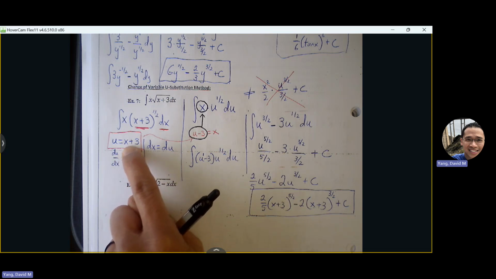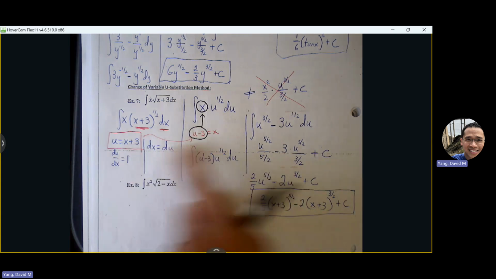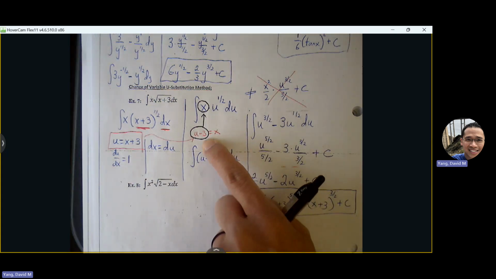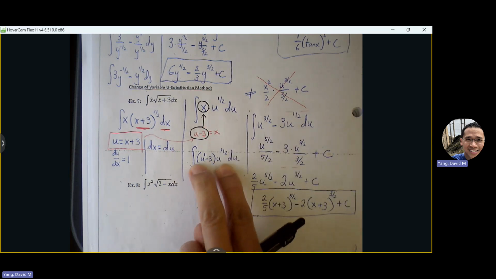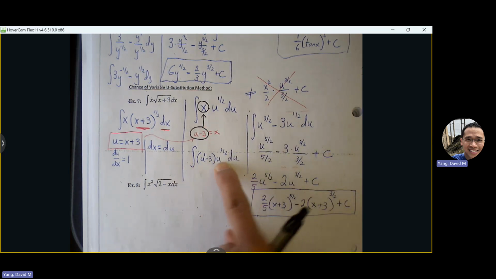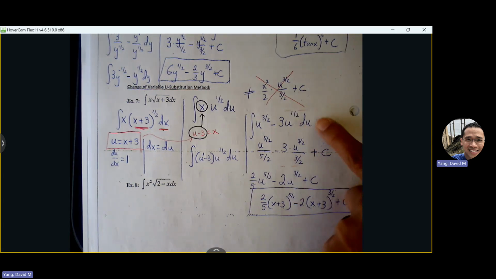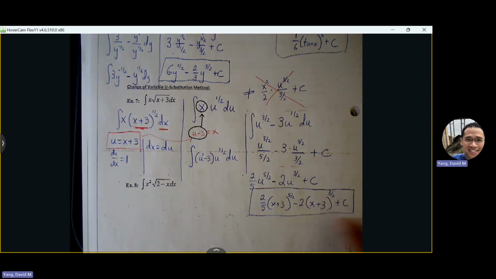Because u equals x plus 3, we can rearrange this and say, well, then x equals u minus 3. And if I can rearrange it to solve for x, I can replace the x in our problem in terms of u. And once everything is in terms of u, I can algebraically get it to a point where I can rely on power rule. And then once I apply power rule, I can bring my original variable back.